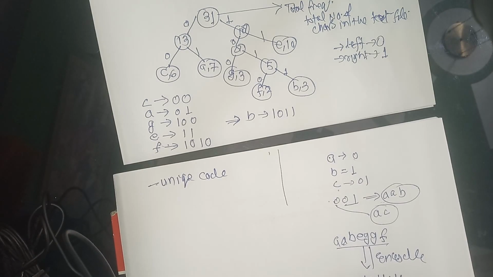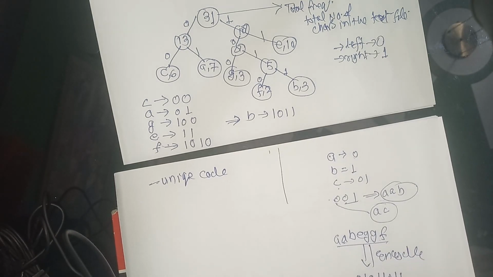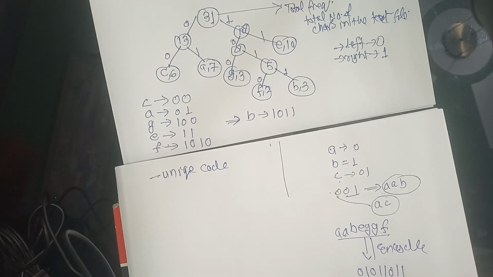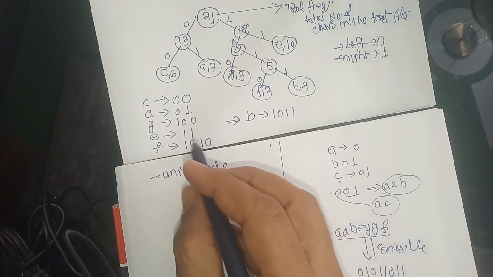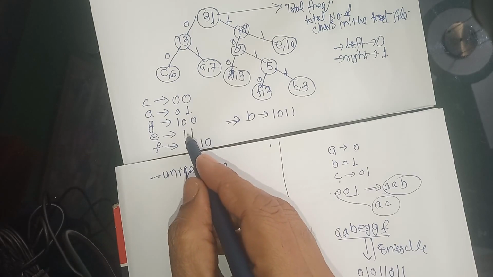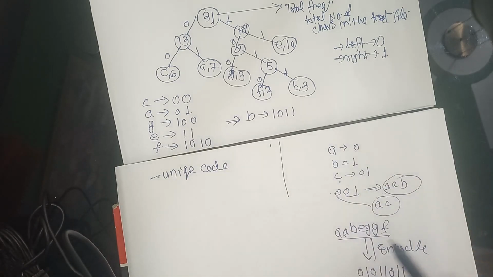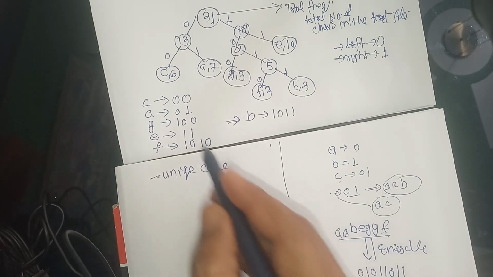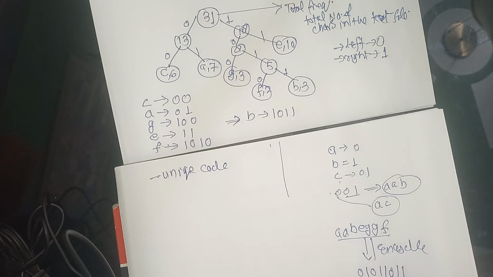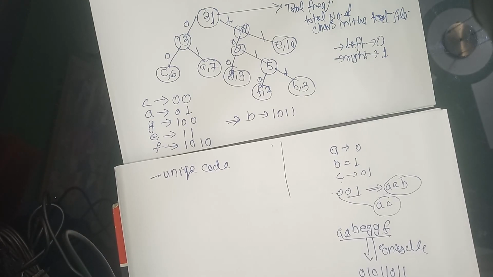Similarly we will encode this text into binary, and because we have unique codes with no prefixes, we can find the longest matching string, match it with these codes, and decode back to the plain or original text.